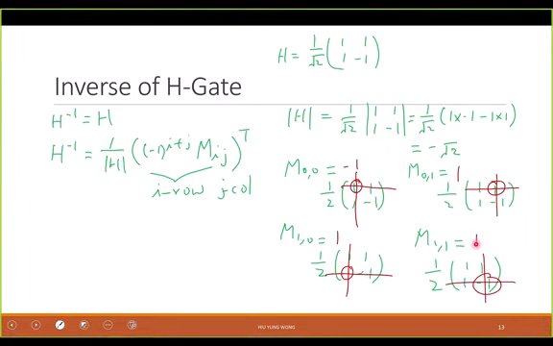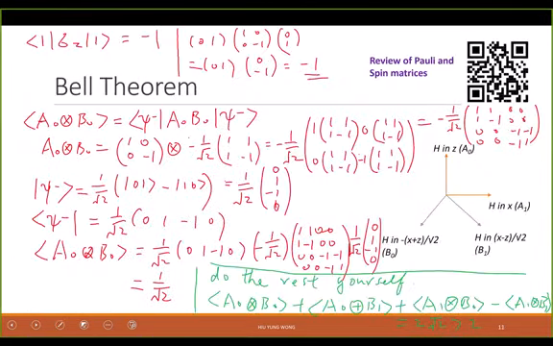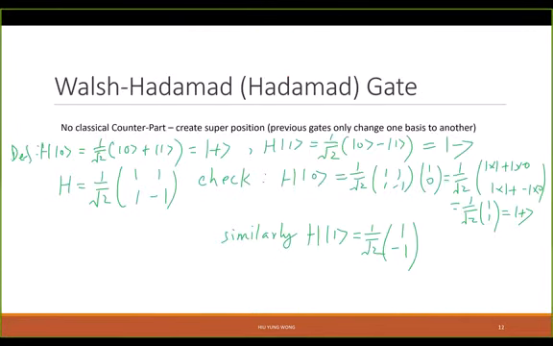Say again? Oh, yeah. Again, that is a typo, not half. That should be square root 2. Yeah, and then I think I missed a lot of stuff. Hold on. Sorry.